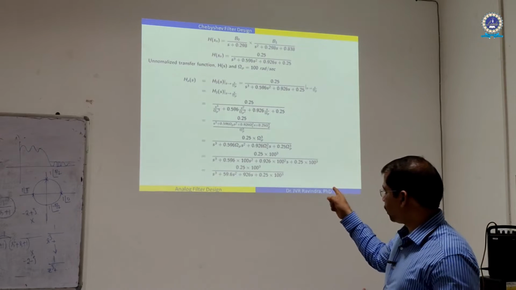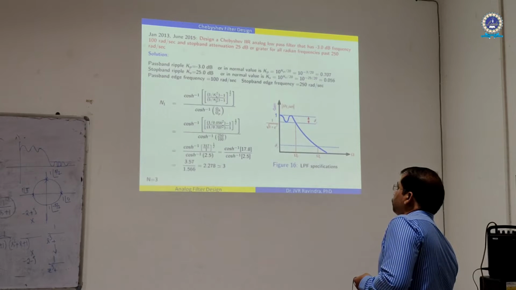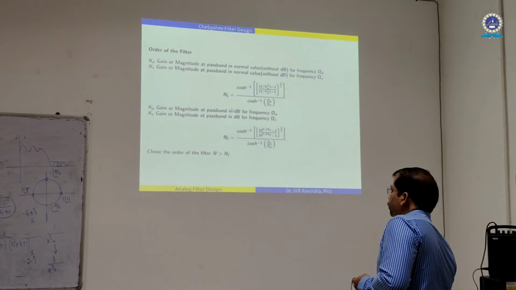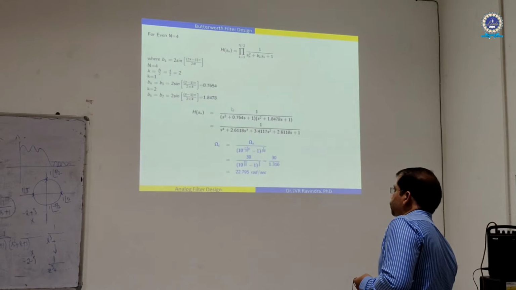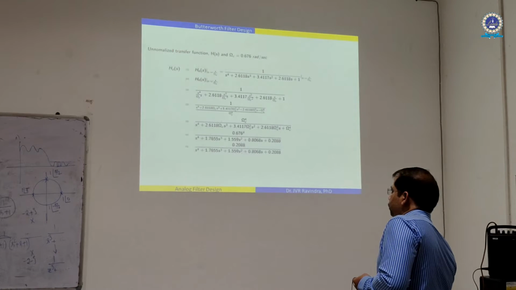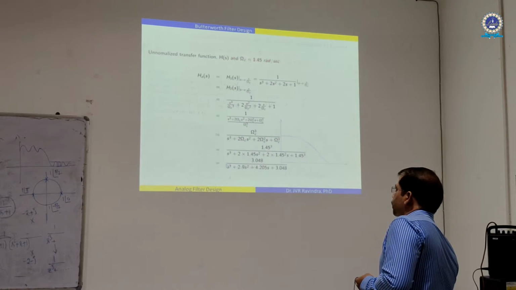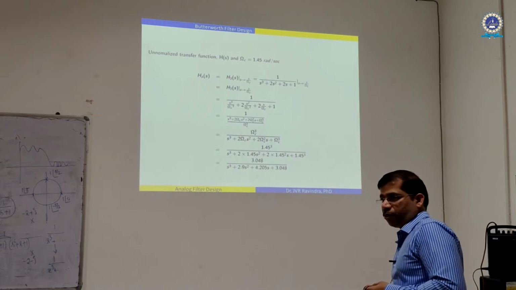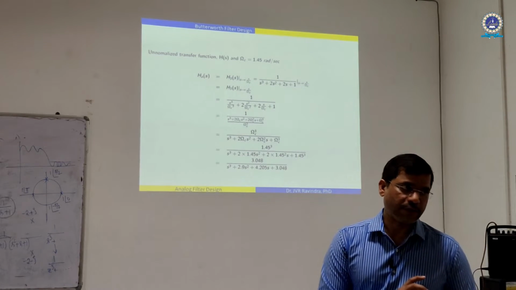The same problem I've done here for n equal to 3, which is not that complex. For n equal to 4, it's the same problem. If you look at the coefficients part, it's not the same.